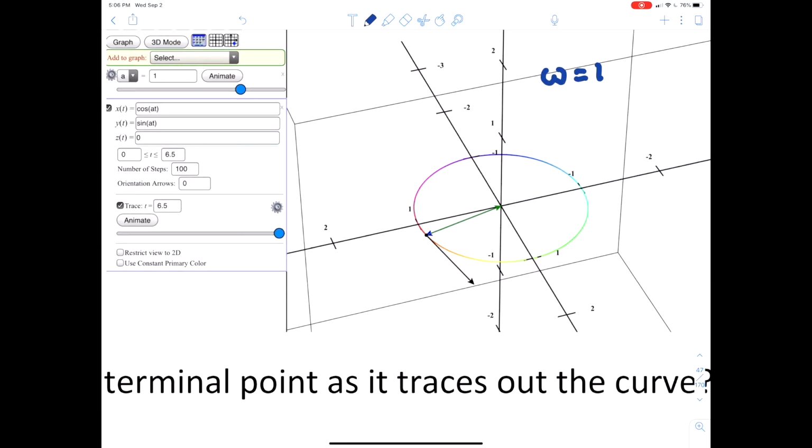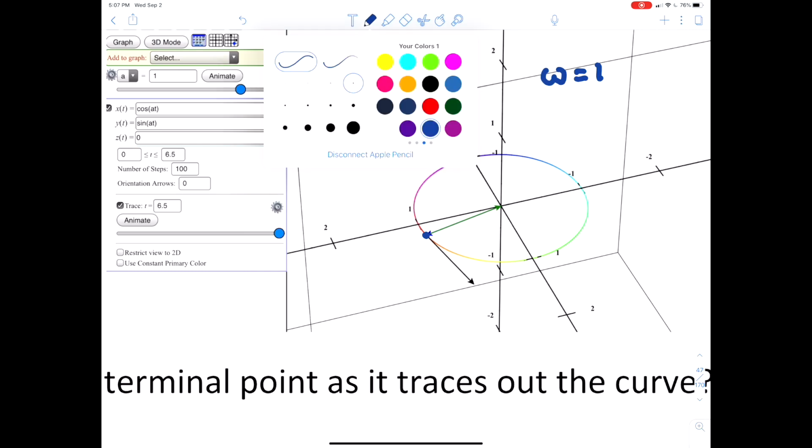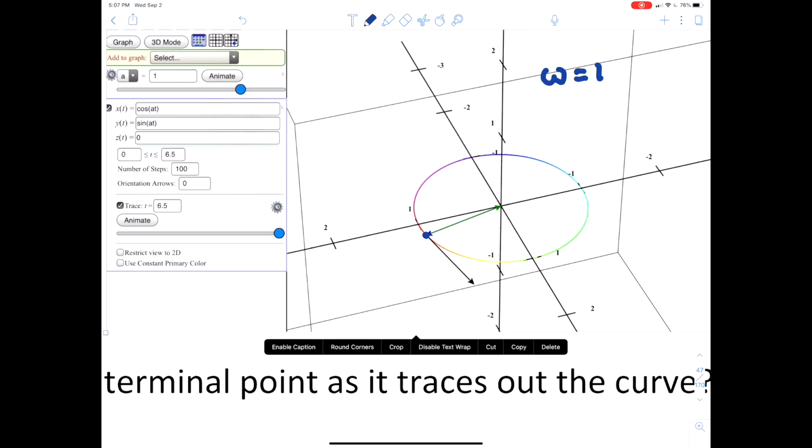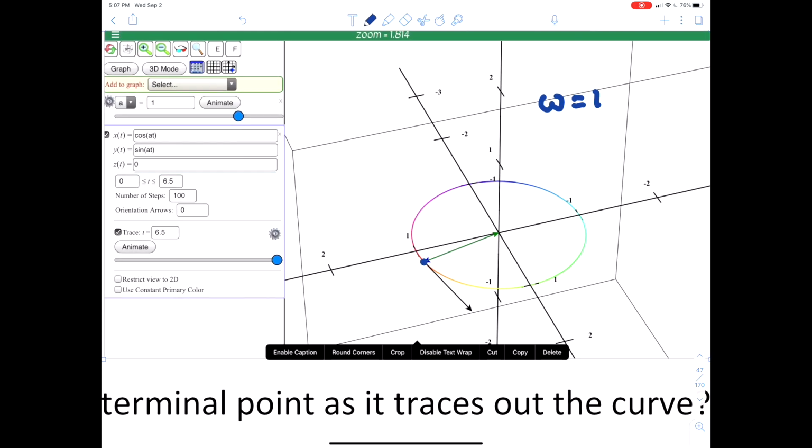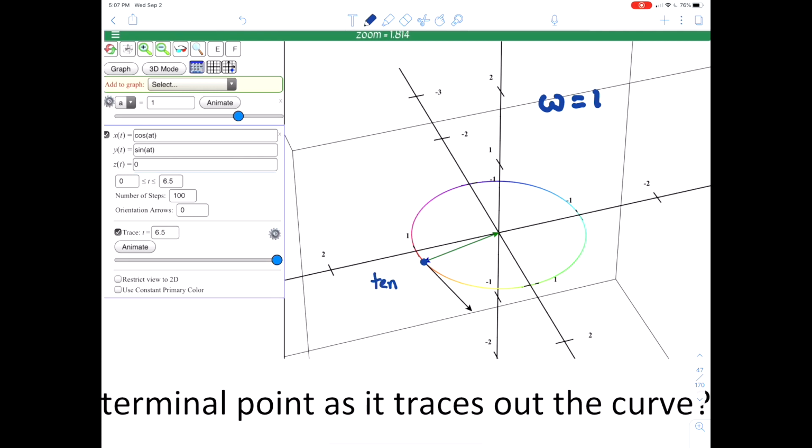So here, this right here would be our terminal point. Cool?